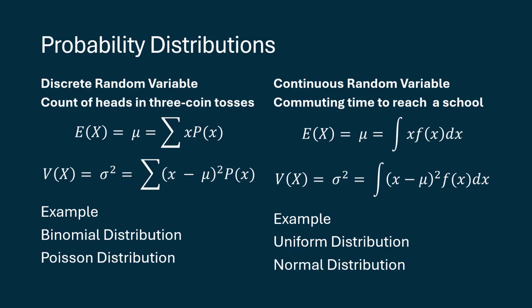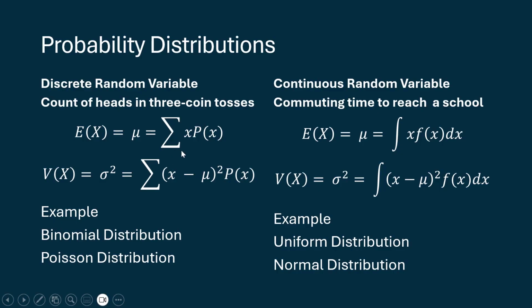Similarly, we have another standard distribution called Poisson distribution, which models the number of times a specific event occurs within a fixed interval of time or space.